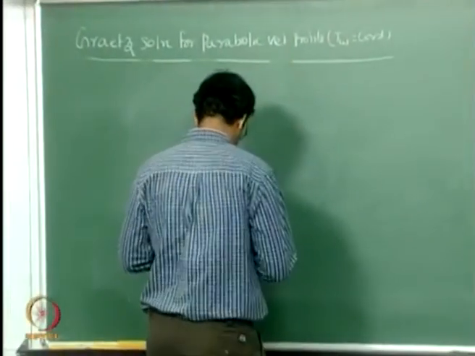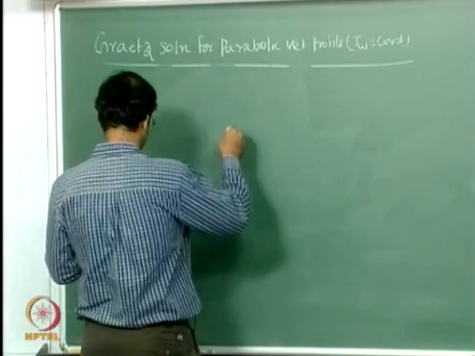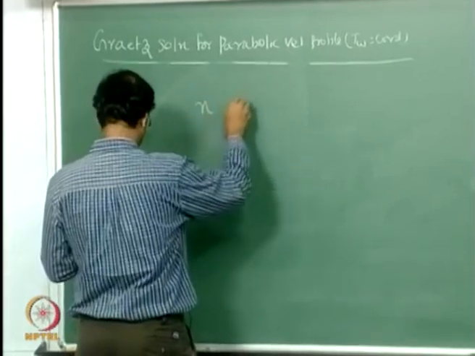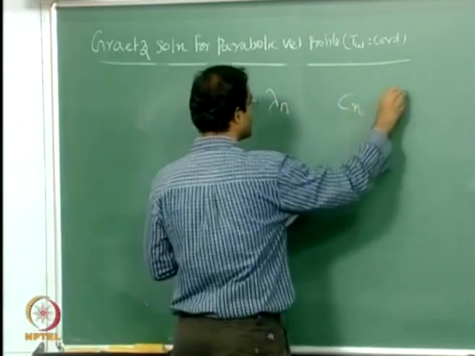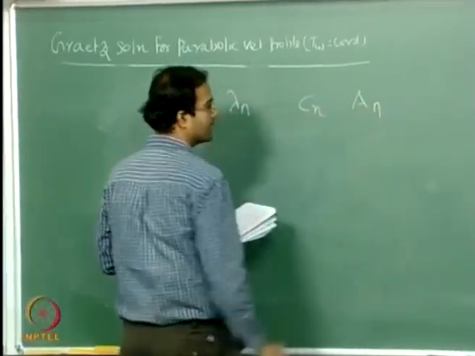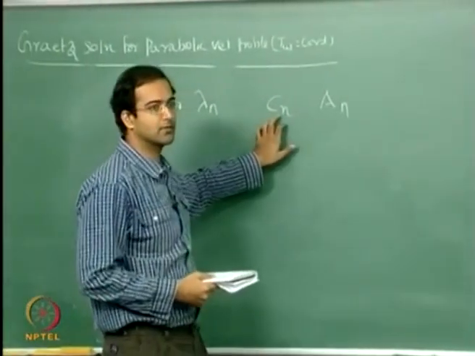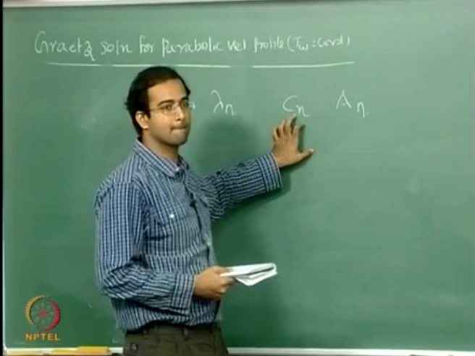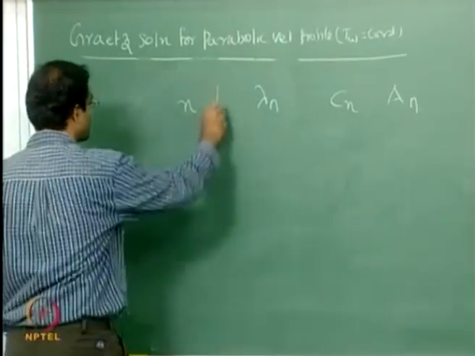Okay, so you can also see, for the value corresponding to n, lambda n, the value of Cn and An. Okay, so Cn is required where? In your solution for theta. Okay, so everything has been computed numerically.